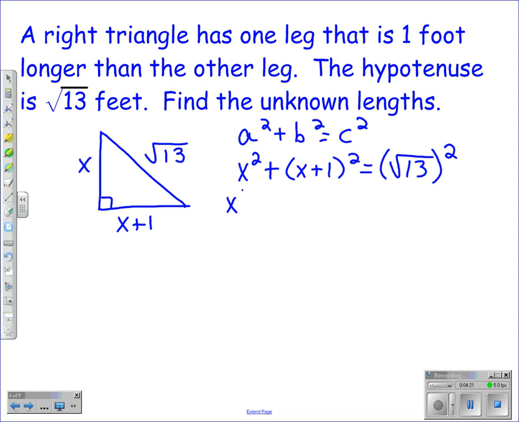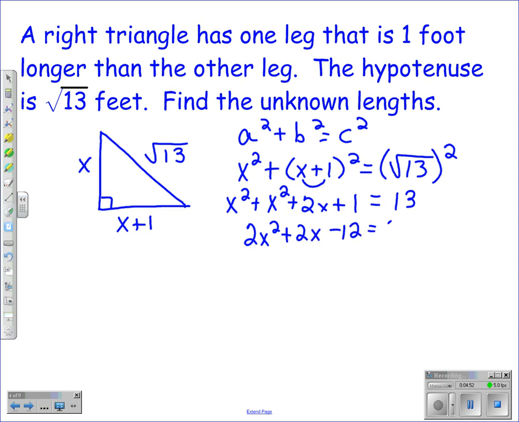Now, we have a binomial squared, and we remember that x plus 1 quantity squared becomes x squared plus these two times each other times 2 gives us 2x plus the last one squared, which is 1 squared is 1, equals square root of 13 squared is just 13. At this point, gather your terms together and you'll have 2x squared plus 2x, and bring the 13 on over gives us minus 12 equals 0.